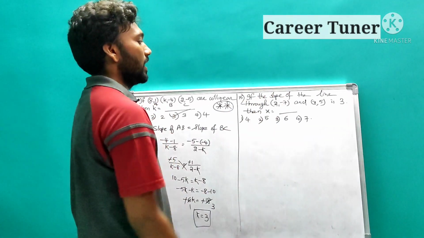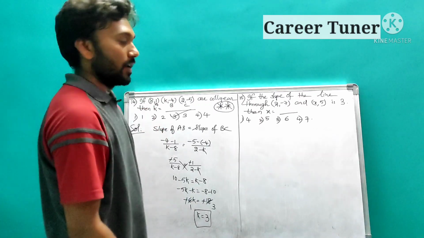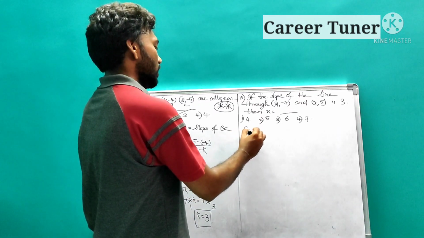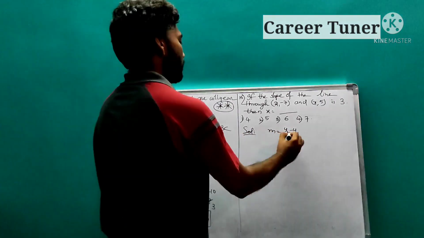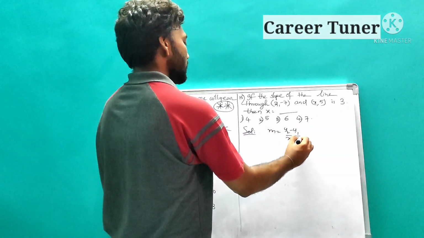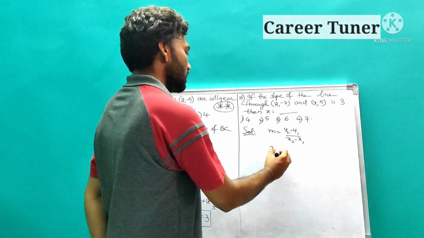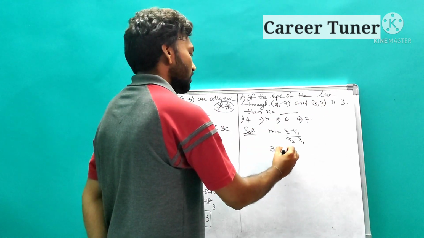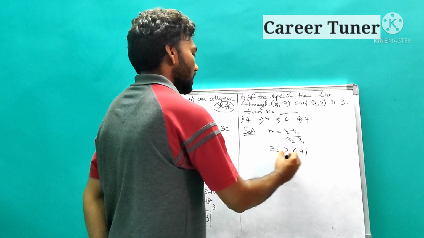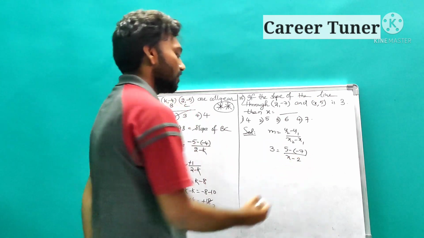If the slope of the line through 2 comma minus 7 and x comma 5 is 3, then what is the x value? Coming to our solution. What is slope? m is equal to y2 minus y1 by x2 minus x1. So m is nothing but 3, which is equal to y2 minus y1, so 5 minus of minus 7, by x2 minus x1. x2 is nothing but x, minus 2.